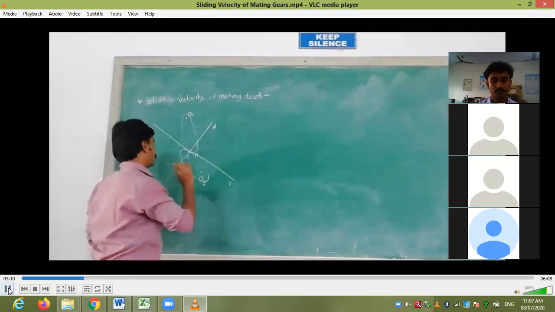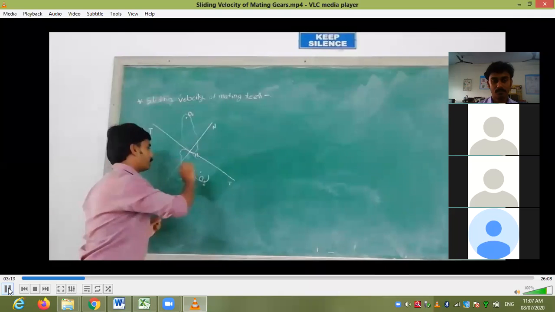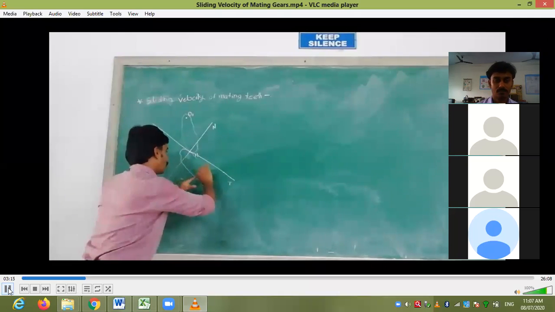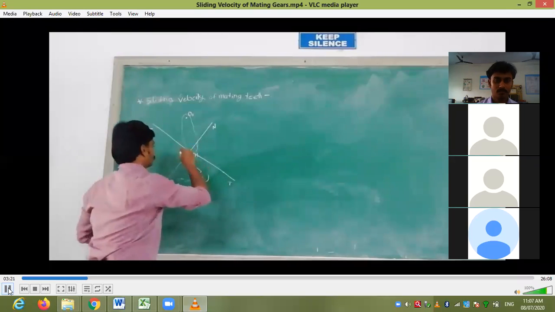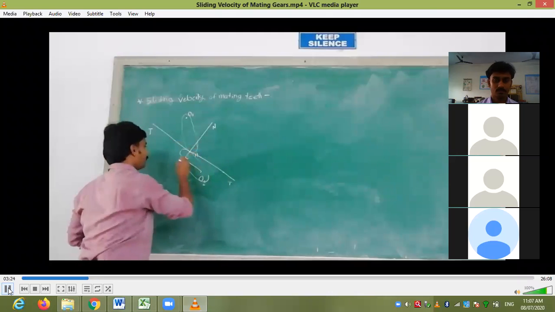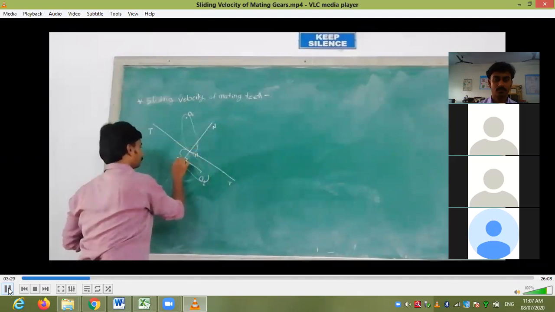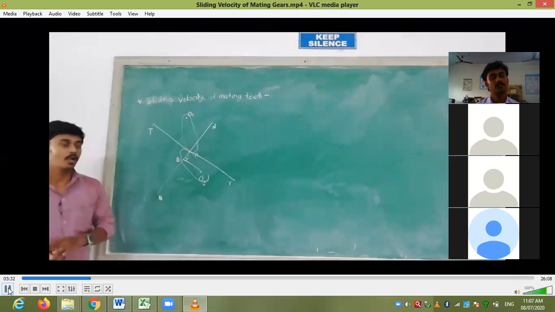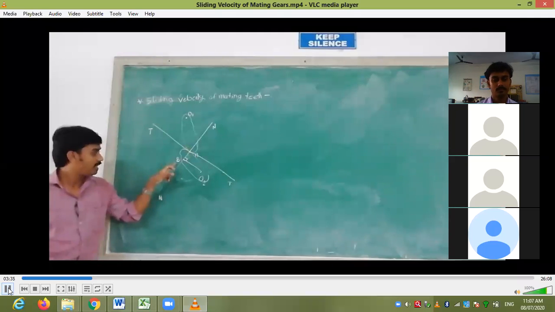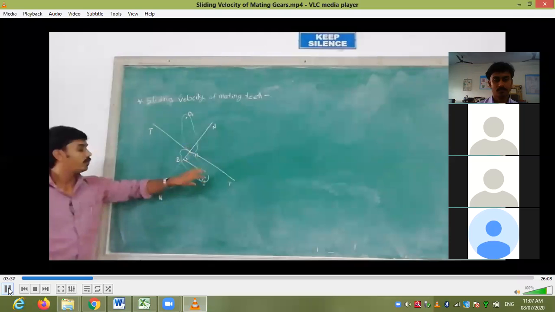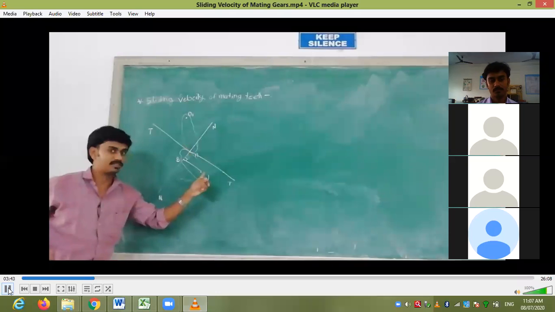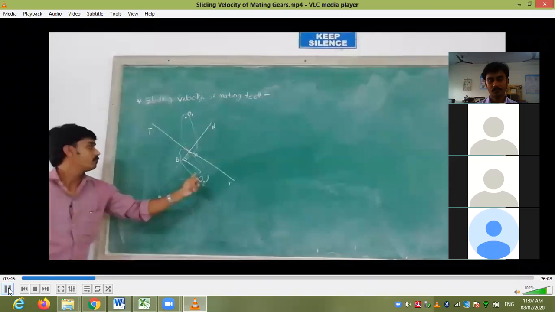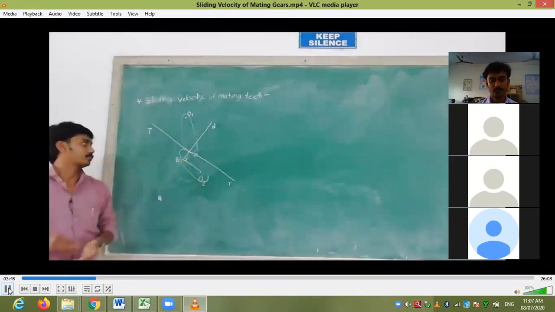Now draw one perpendicular line from point O1 onto the line NN and mark this point as B. How do we obtain the point B? We draw a line passing through the point O1 which is perpendicular to NN.